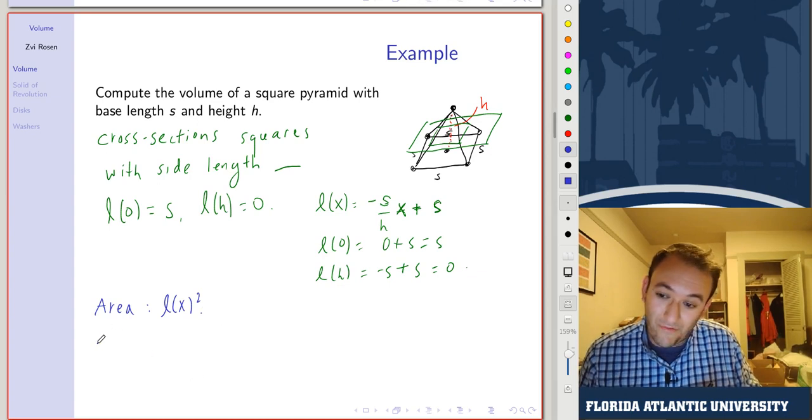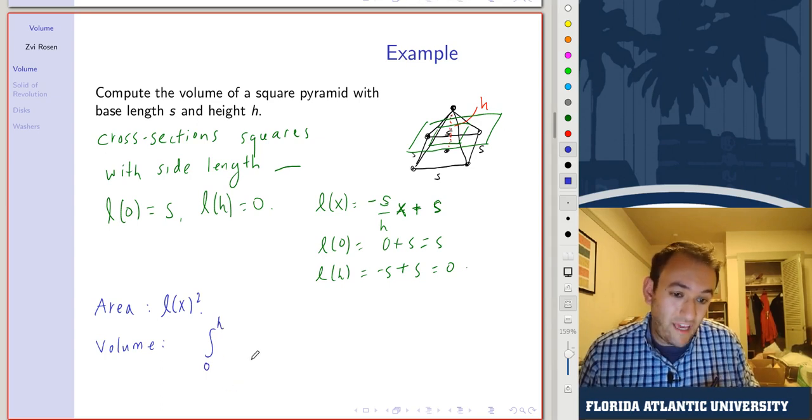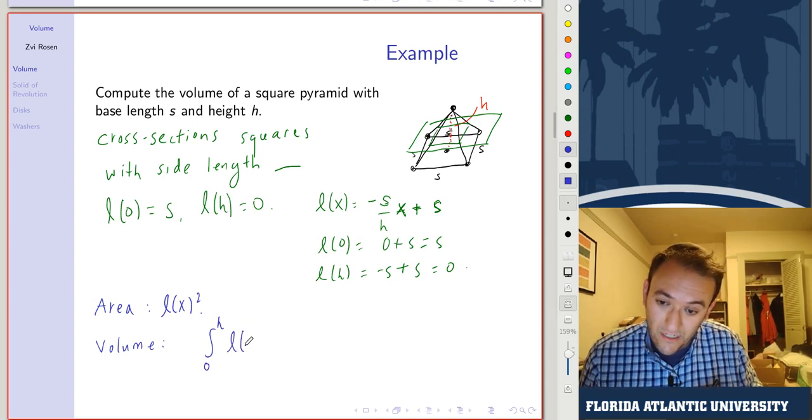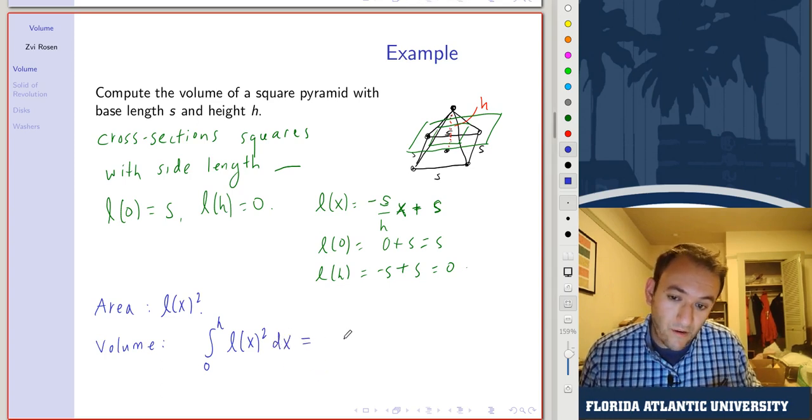Okay, so to get the volume, we're taking the integral from the smallest x value, which is going to be 0, up to the largest x value, which is going to be h, of the cross-sectional area, which is L of x squared dx.